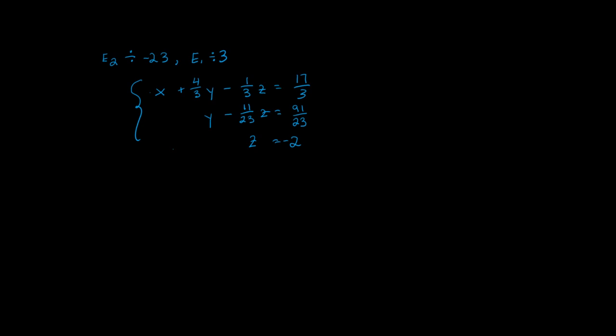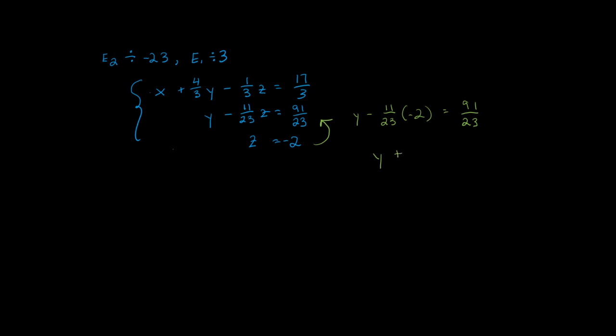So I'm going to take the second equation because we need to plug that into equation 2. So we have y minus 11/23 times -2 equals 91/23. Now the nice thing here is we're going to get a common denominator, so it's not too bad to do it by hand if you want.